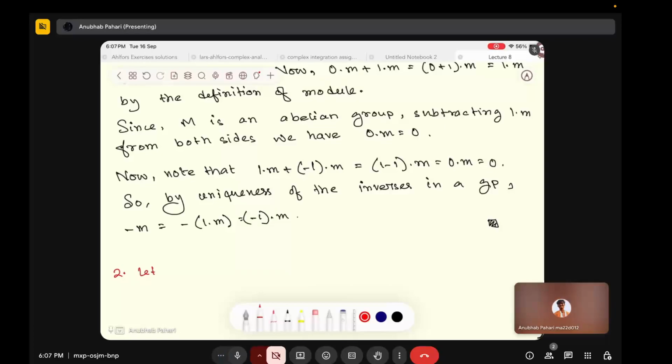Let capital R be a ring with 1_R and let M be a left unital R module.